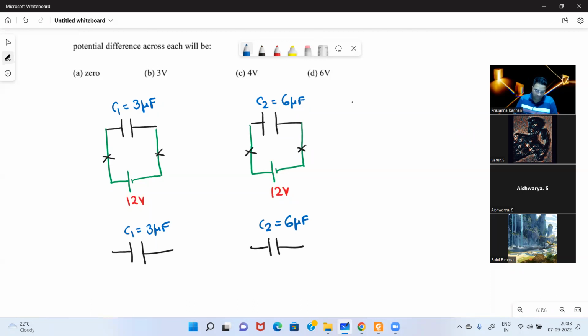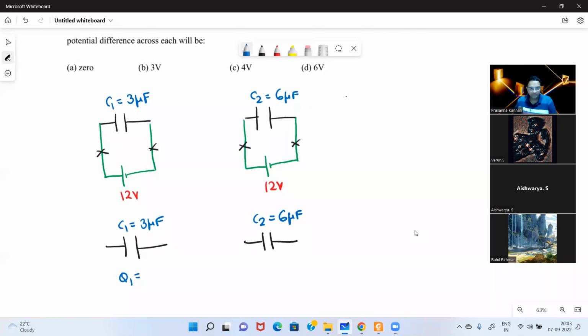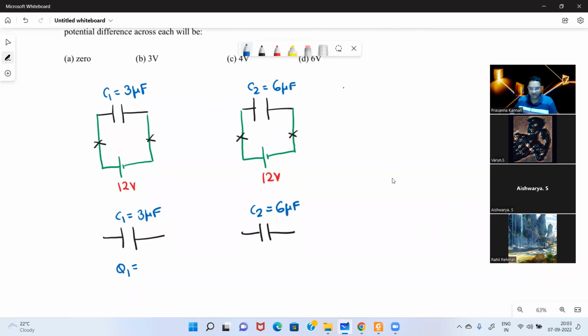Now, can you tell me what will be the charge on the first capacitor? What is the relation between charge, capacitance, and voltage? Good evening, Akila. Welcome. C is equal to Q by V, or Q is equal to CV.